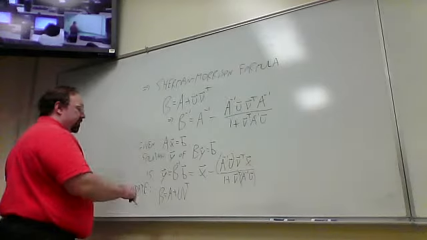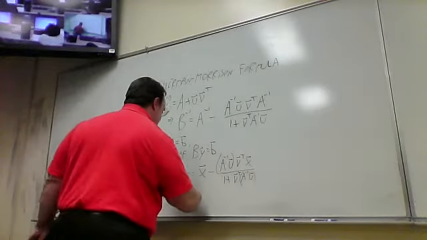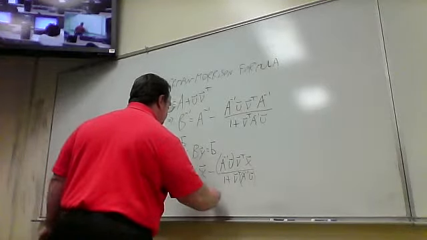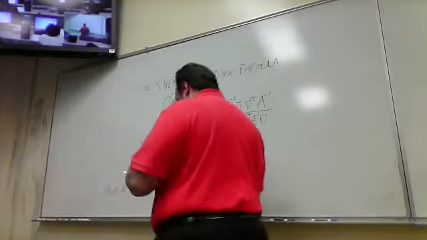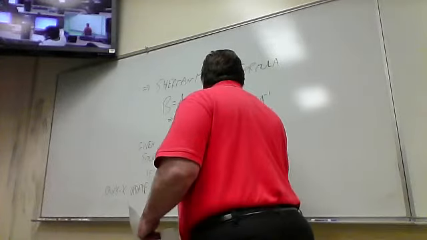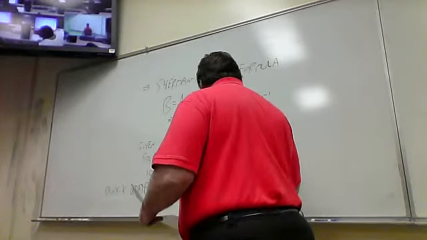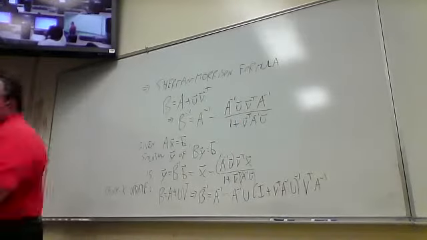So U V transpose is rank K now. Then B inverse is A inverse minus A inverse U, identity plus V transpose A inverse U inverse, V transpose A inverse. So that's the Sherman-Morrison-Woodbury formula.